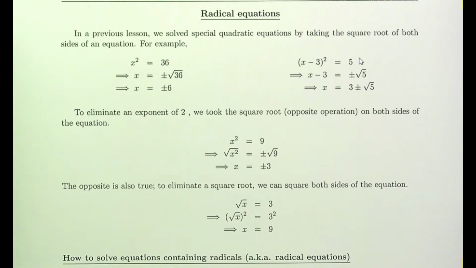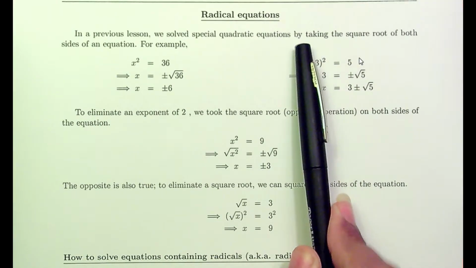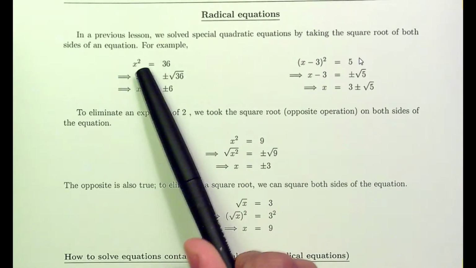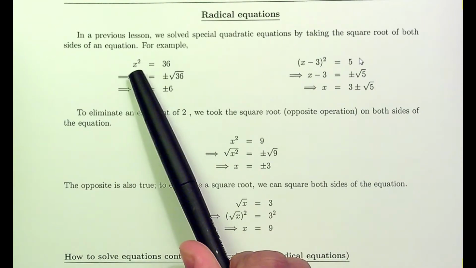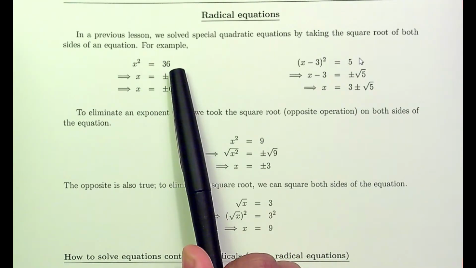Well, in the previous lesson we learned a special method, the square root method, for solving certain types of quadratic equations. That method basically consisted of taking square roots on both sides of an equation. For example, this one is a quadratic equation that is ripe for the square root method.